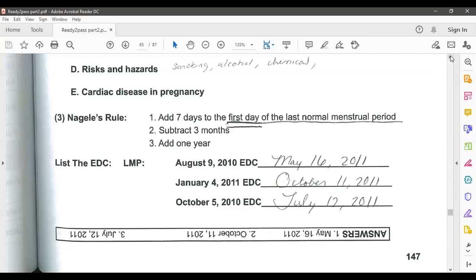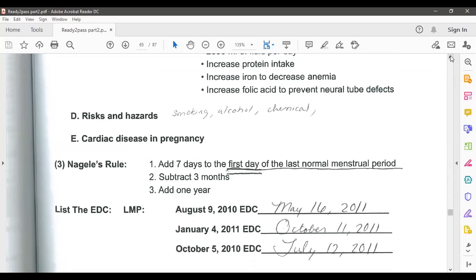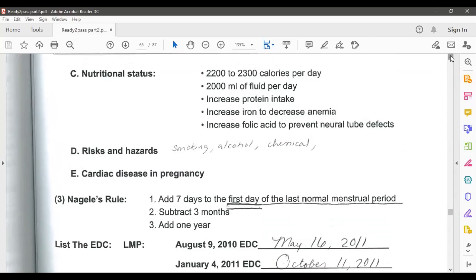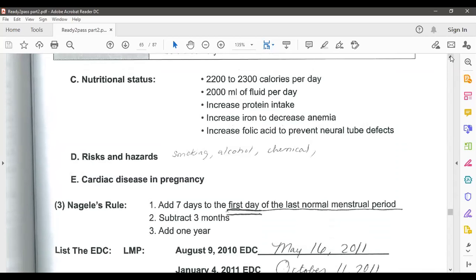Before we go to the next level, I want to recap something about nutritional status. They should increase folic acid to prevent neural tube defects. So always encourage the mother to take folic acid containing food. If any problem, we give them fortified food that contains folic acid.